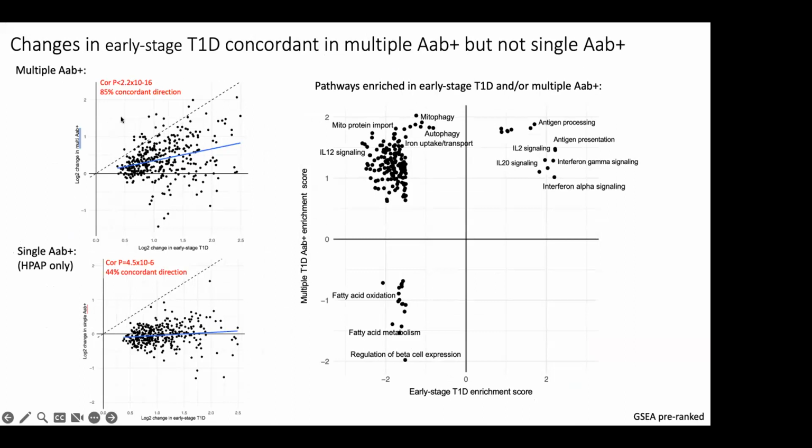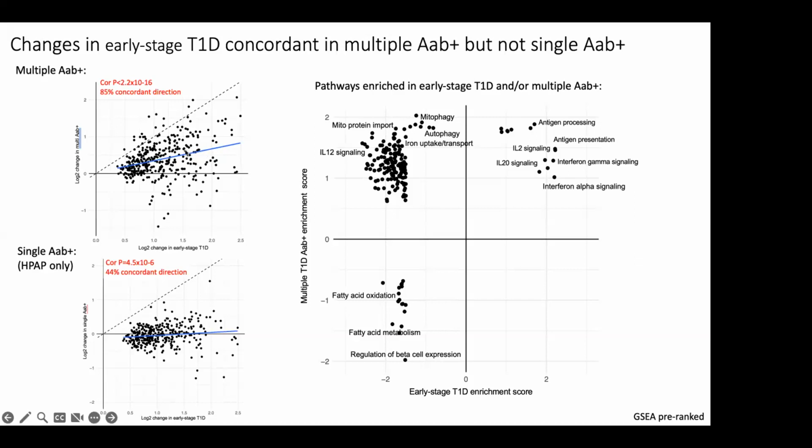But what we did do is take the set of genes that were significantly upregulated in recent onset type 1 diabetes and ask what their effects were in the preceding stages in both multiple autoantibody positive individuals, as well as single autoantibody positive, using HPAP data. And what we find is that the concordance in the effects of these genes that are upregulated in recent onset type 1 diabetes is very high in the multiple autoantibody positive individuals, suggesting the same set of genes is changing in these individuals, but you can clearly see it's just to a lesser degree, right?